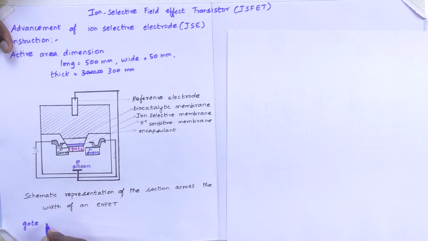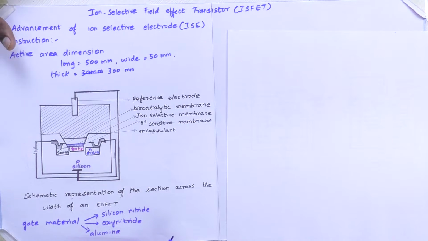The gate material is made up of either silicon nitride, oxynitride, or alumina.